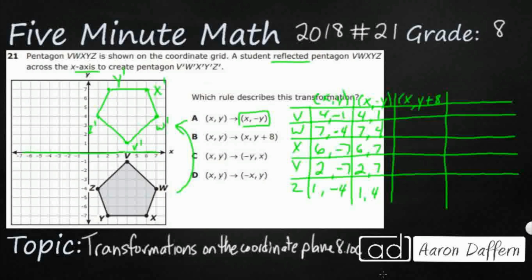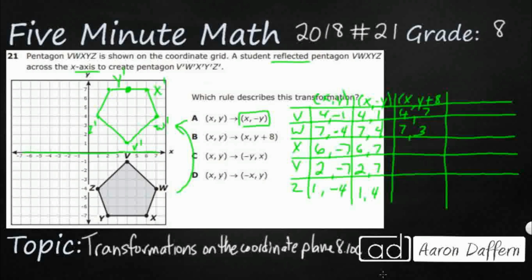All right, so this is going to be x and then y plus 8. So my x is still going to stay 4, but my y, interesting, is going to be a +7. So v prime would be up there, and then that would be 7, 3.